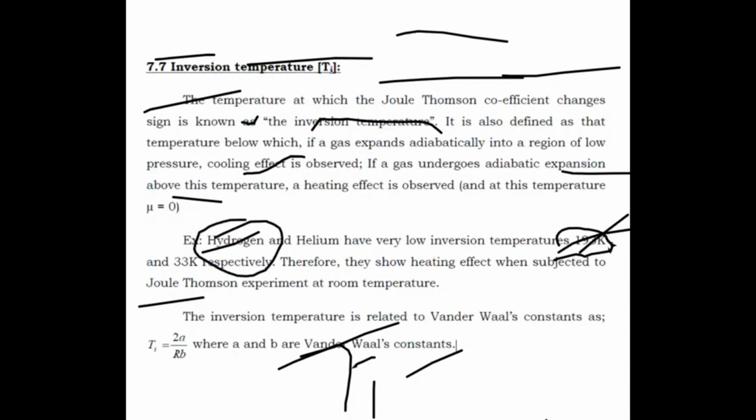At minus 70 degree it is not an inversion, a change of state. At minus 70 degree it will be in the gaseous state. When it comes to minus 80 degree, it will convert into liquid state. So that temperature is known as inversion temperature.